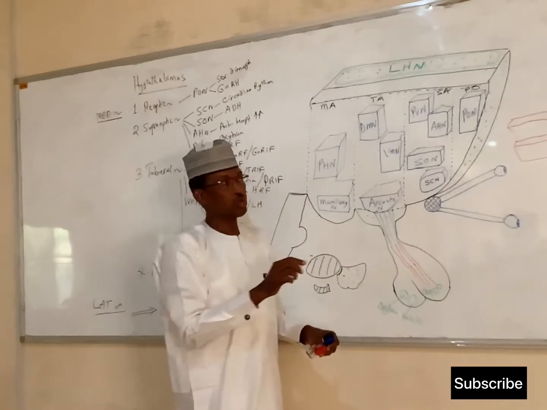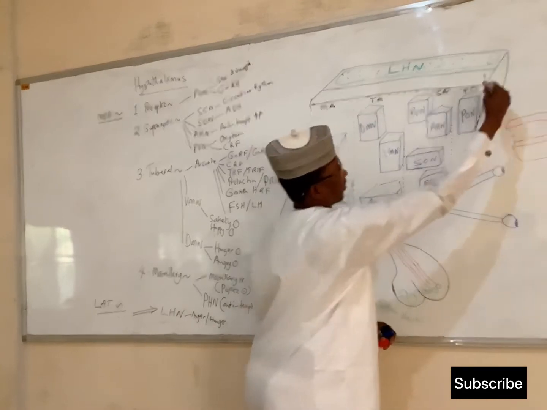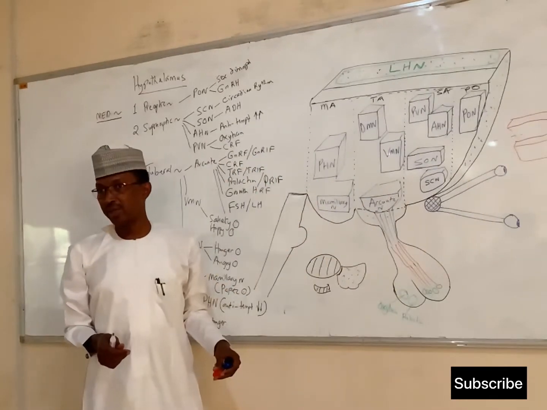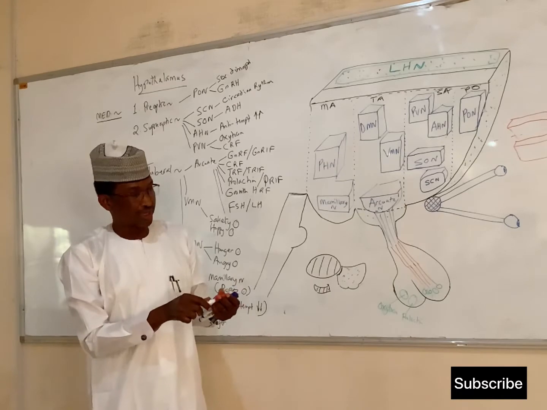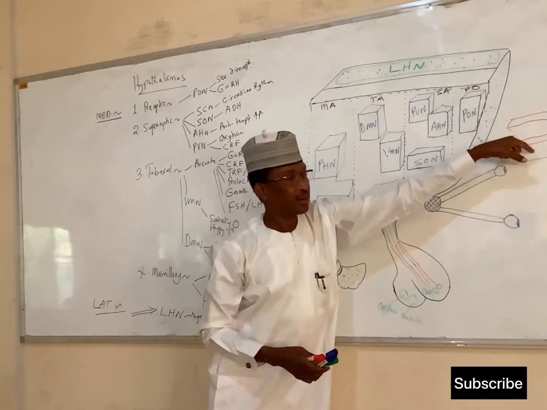So when you divide it like this into two halves, you take one half there. This is what we are seeing here. You get it? So there's a space in between this hypothalamus.